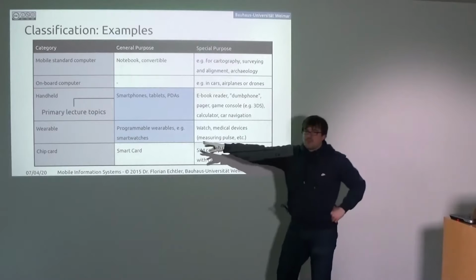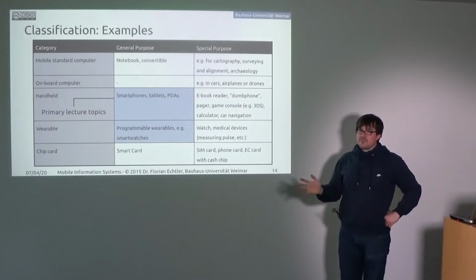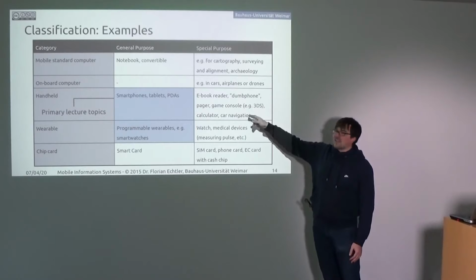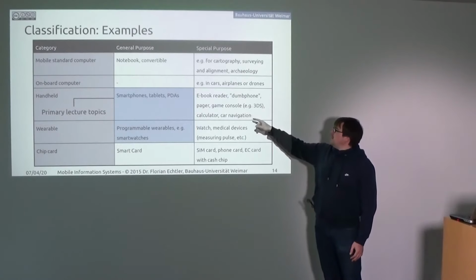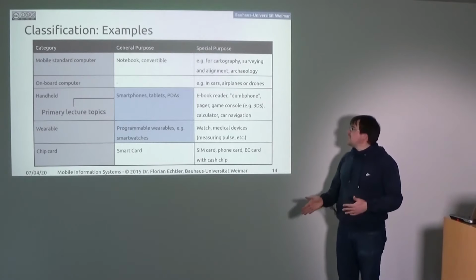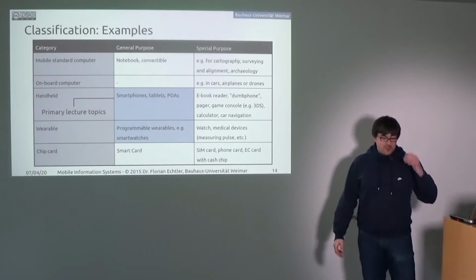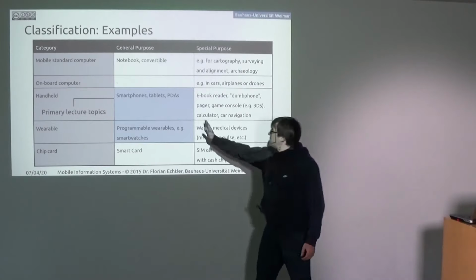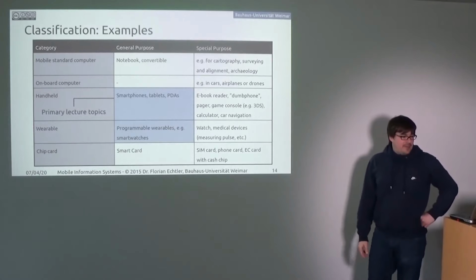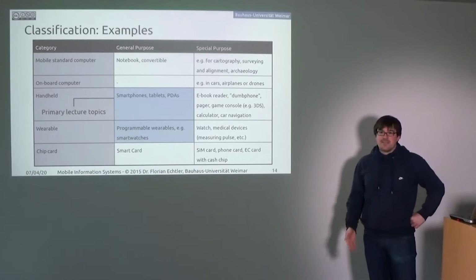A few examples for special purpose devices that still exist but are often getting subsumed by smartphones: you have stuff like a dedicated ebook reader, or maybe a navigation device in the car. That's a mobile special purpose device, and a lot of these have been subsumed by smartphones by now. So we're going to focus on this part of the spectrum, on general purpose handheld and mobile devices and wearables.